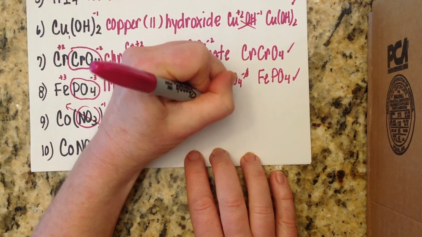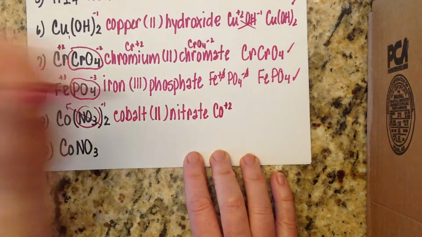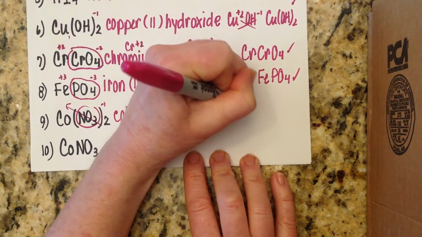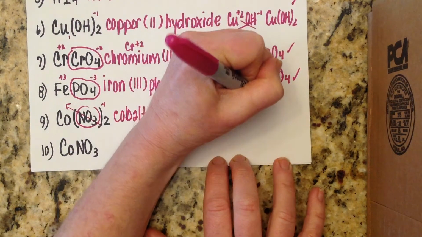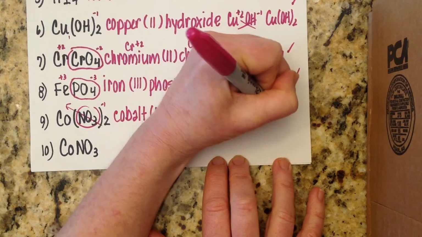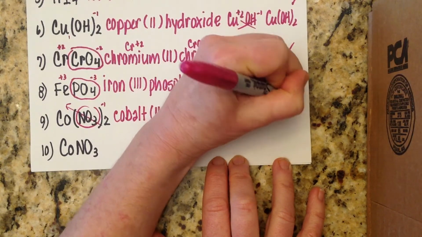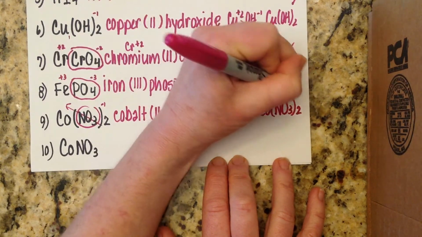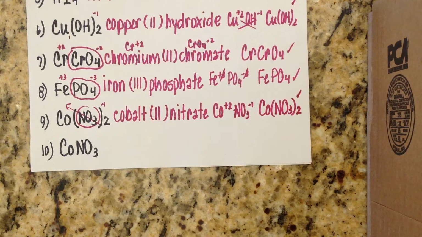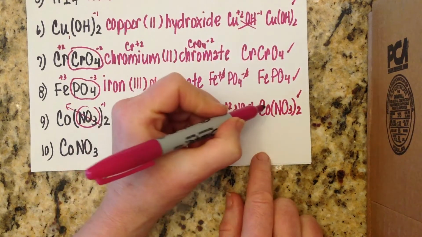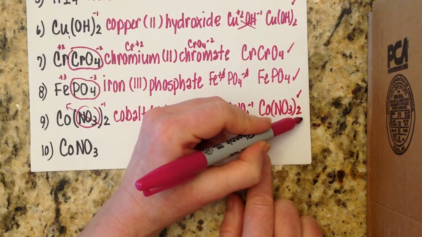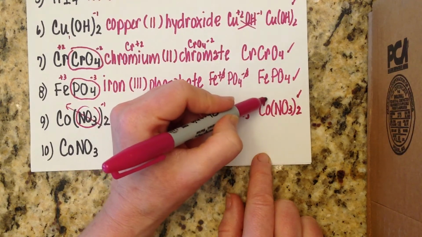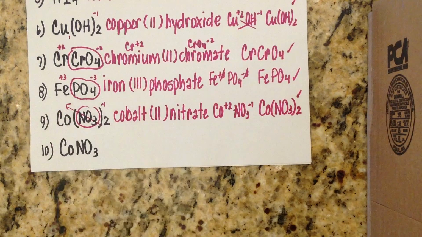If cobalt would have been indeed a +2, and we know nitrate is NO3 -1. When you crisscross, you get CoNO3 2, and that was correct. So the number that was up here, if there's anything with parentheses, the number outside of the parentheses is what came from up here. Again, just uncrisscrossing.